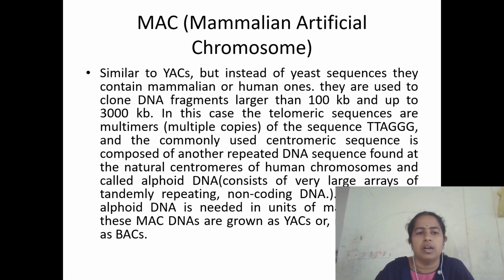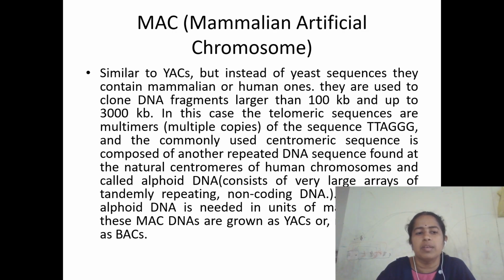Next is mammalian artificial chromosomes. Similar to yeast artificial chromosomes, but instead of yeast sequences, they have mammalian or human ones. They can be used to clone very large DNA fragments, that is more than 100 kilobase pairs and up to 3000 kilobase pairs.